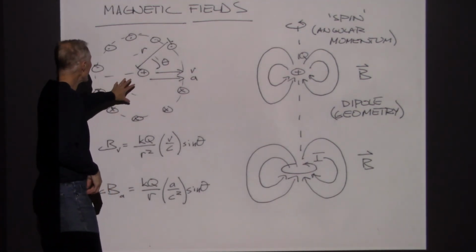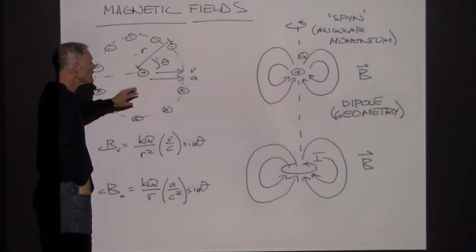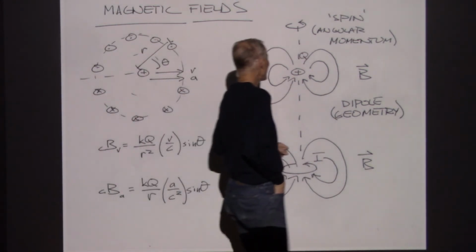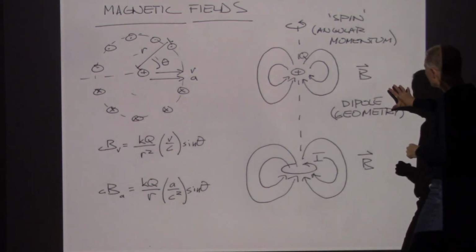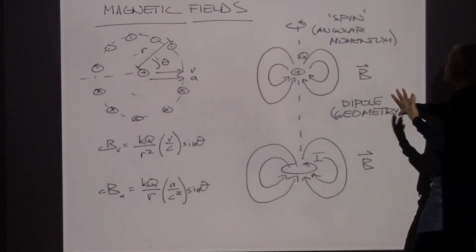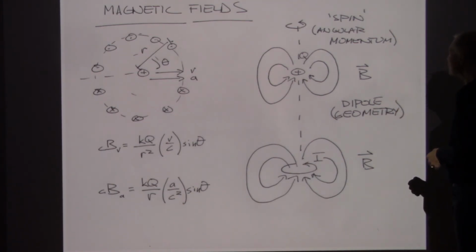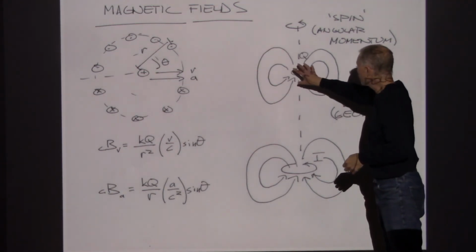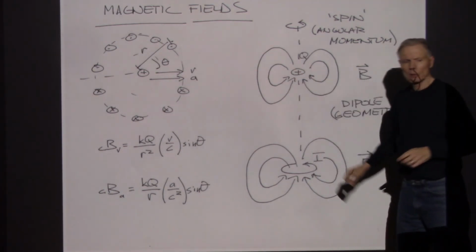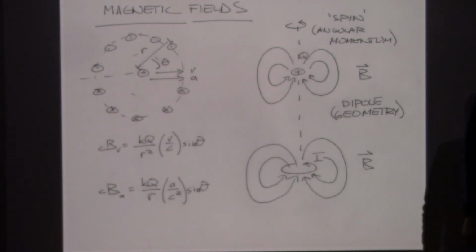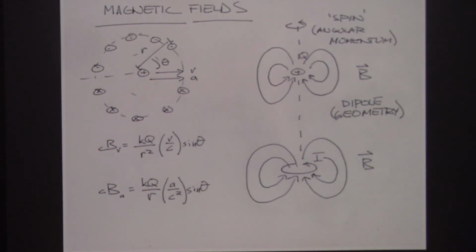Now, also with magnetic fields and with electric fields, we have the possibility of generating fields that have what we call dipole geometry. As far as the magnetic field, where we've seen those show up is at the level of a fundamental particle: an electron, a proton, or neutron.